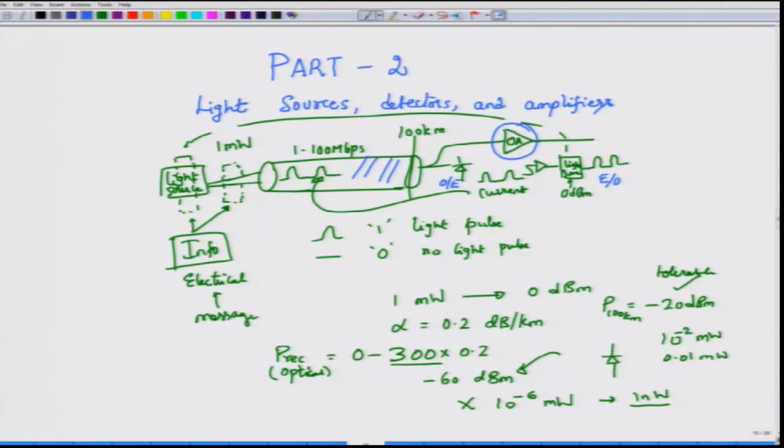So, before the advent of optical amplifiers or before the discovery of optical amplifiers, it was this method wherein at the end of one span you take the optical signal, convert that into electrical format, amplify it, reshape it, do all of that, and then convert from electrical to optical signal back.